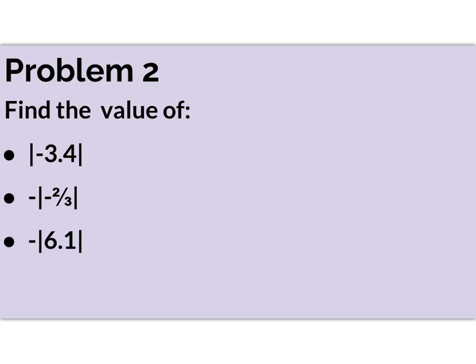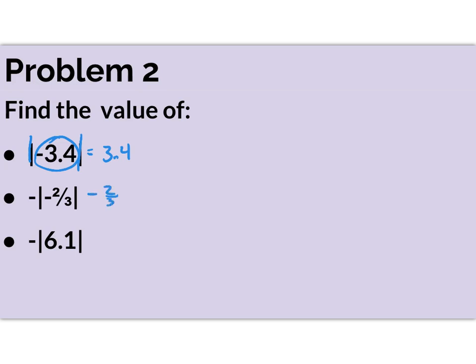Okay, so the opposite of the absolute value. Everything inside the absolute value, whenever you see these vertical lines, it's absolute value, becomes positive. The 2/3 becomes positive, but you have a negative on the outside, so you have negative 2/3.